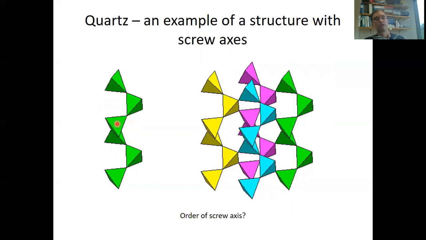Okay? And of course, we have an extended solid. That means that this tetrahedron is now just in a different unit cell as this one, but of course the screw axis continues because there's another unit cell adjacent to the original unit cell.